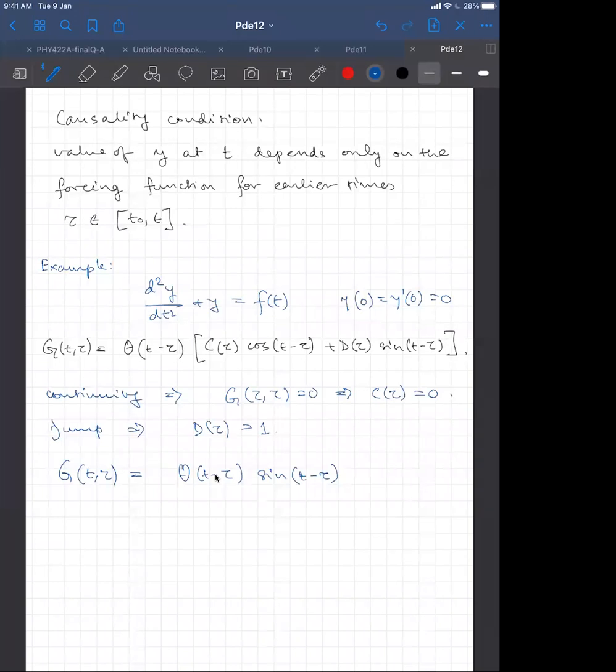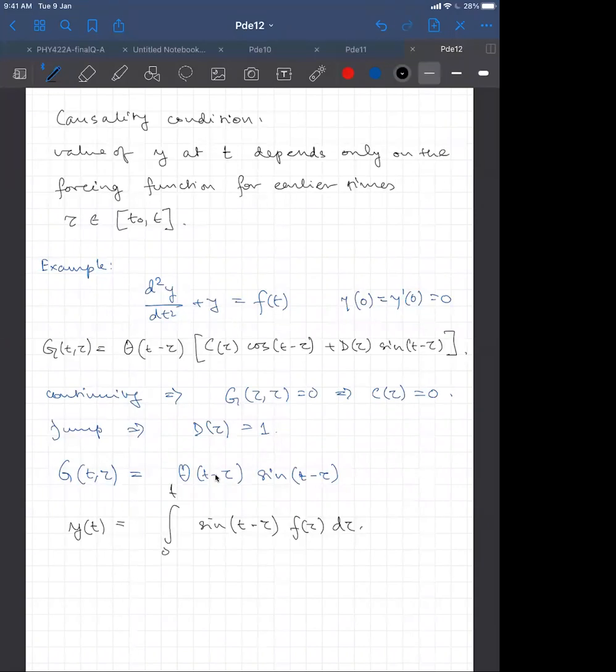And the general solution to this equation is y of t equal to the integral from 0 to t of sine of (t minus tau) f of tau d tau. Okay. So that is how this is solved. So that was the part that I thought I'd done before, but I forgot.